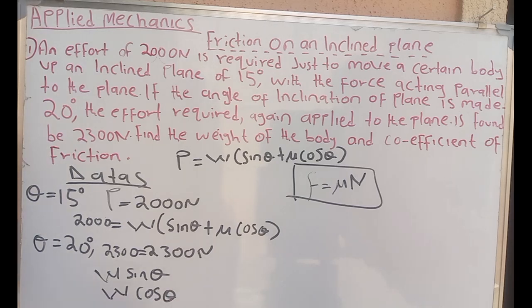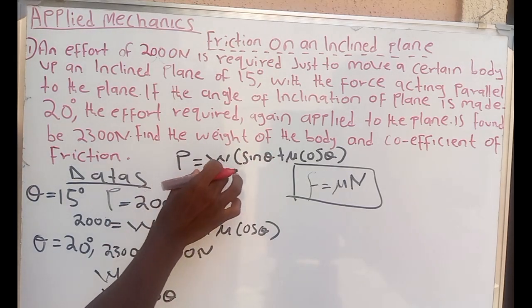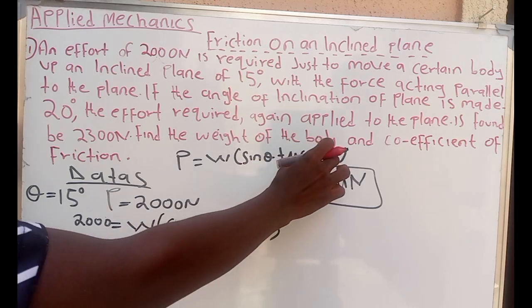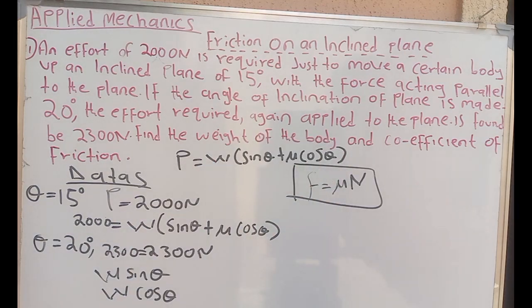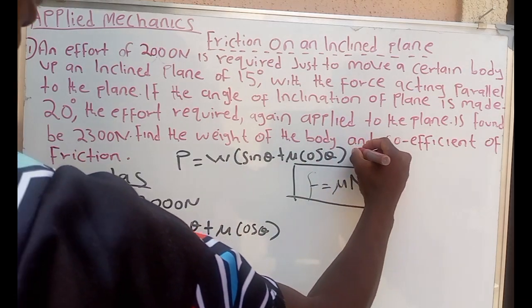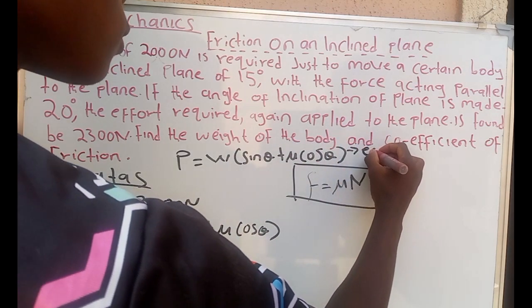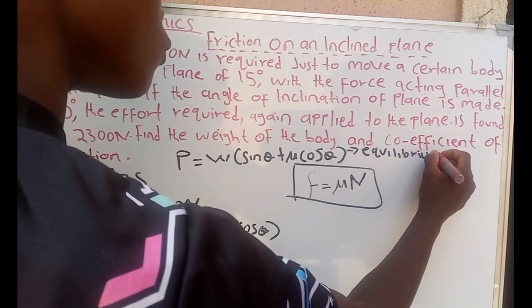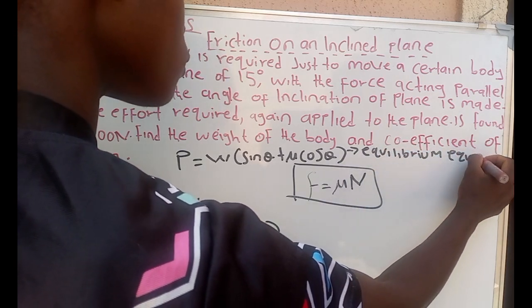So this equation, P equals W sine theta plus mu W cos theta, is what we call the equilibrium equation.